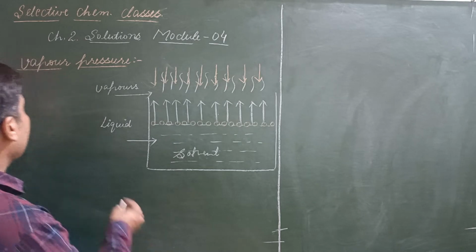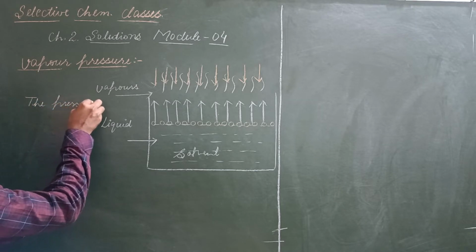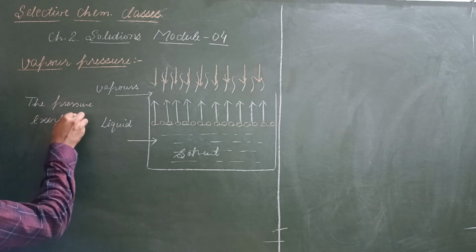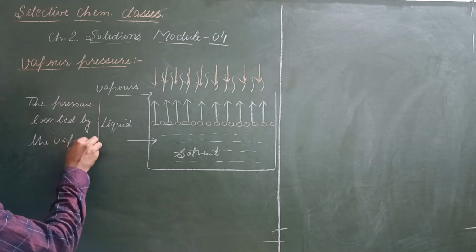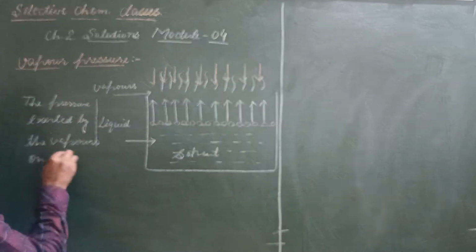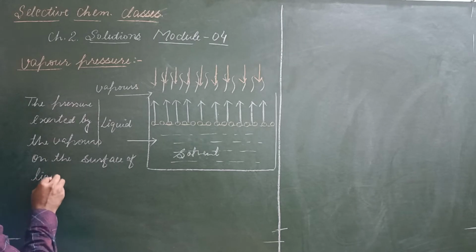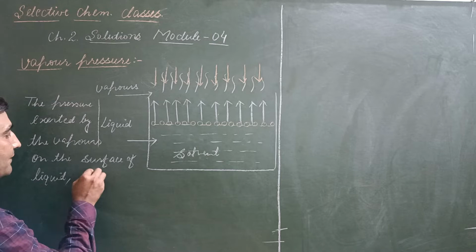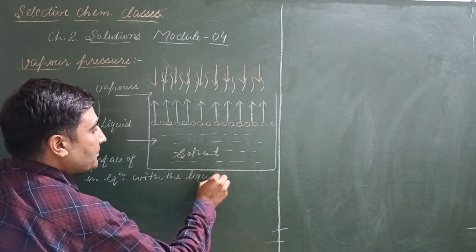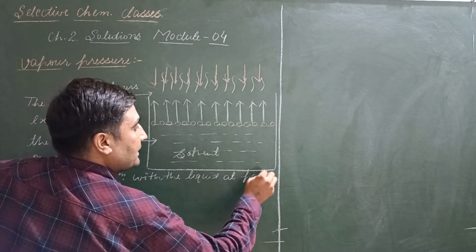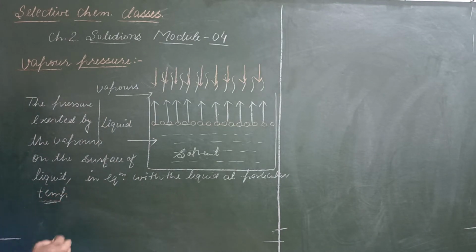So let's define the vapor pressure. The pressure exerted by the vapors on the surface of liquid, in equilibrium with the liquid, at a particular temperature, then it is called the vapor pressure.